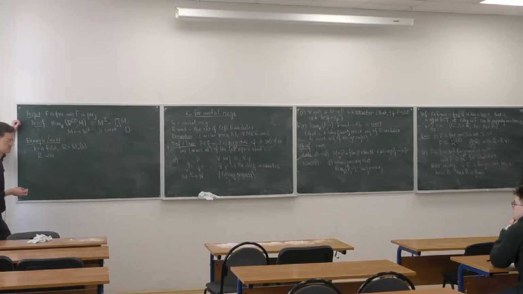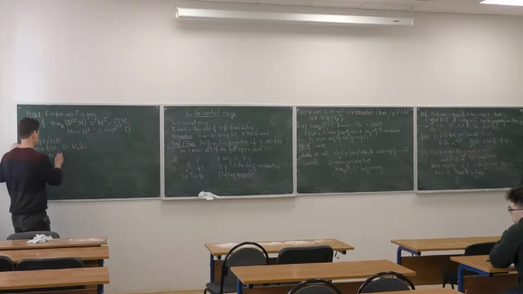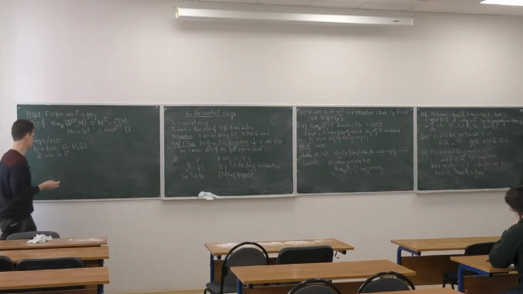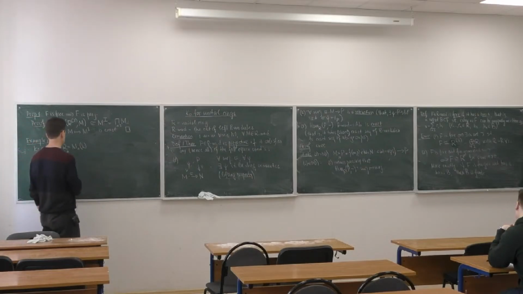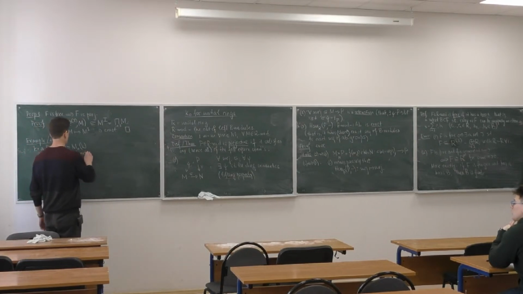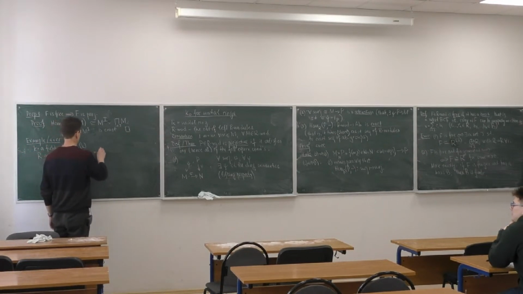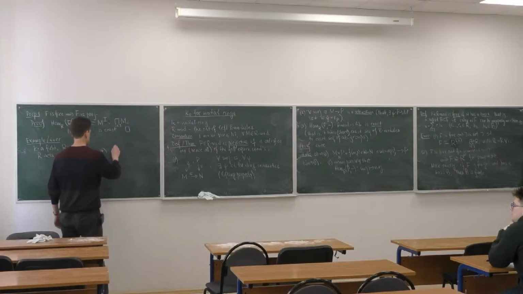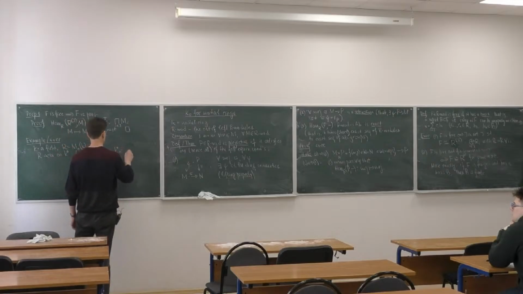If we now come back to this example, we take the n by n square matrices over K. This ring acts on K to the power n on the left, just by matrix multiplication. So Kn becomes a left module over this ring.